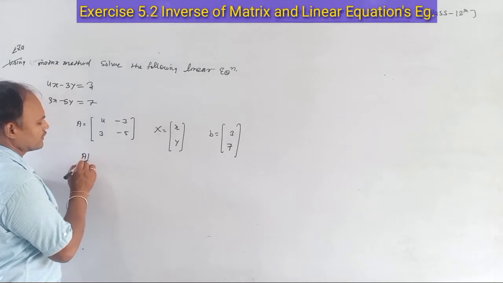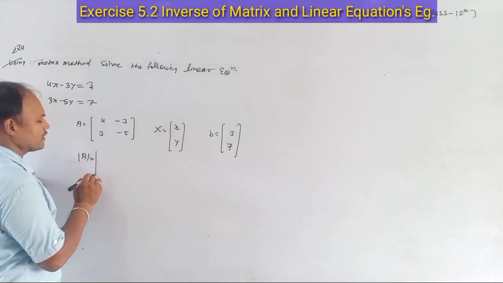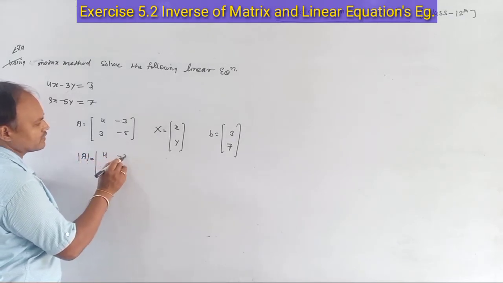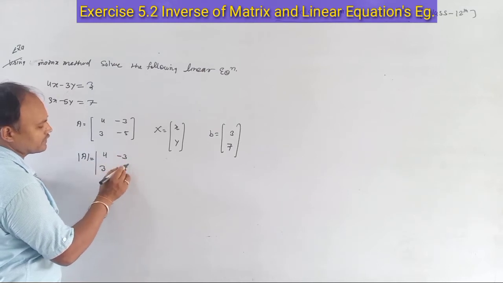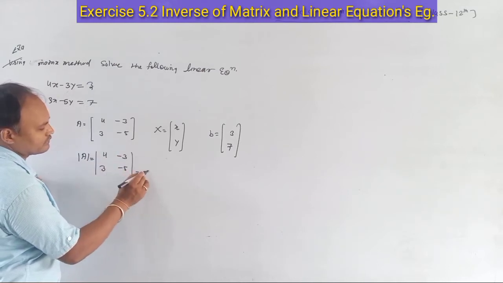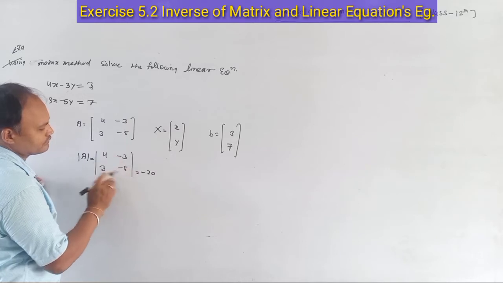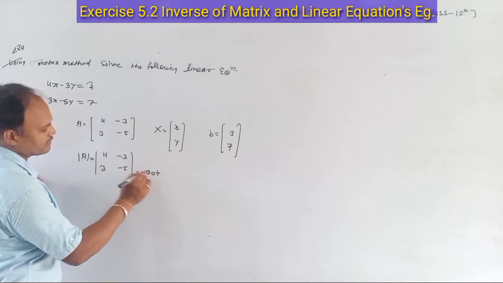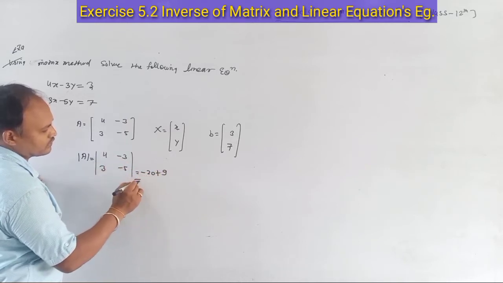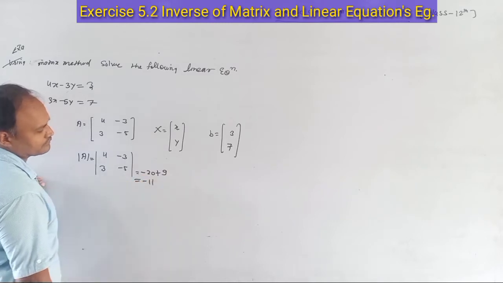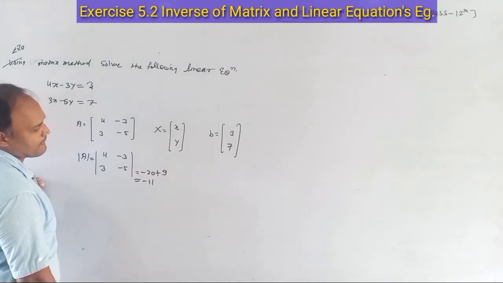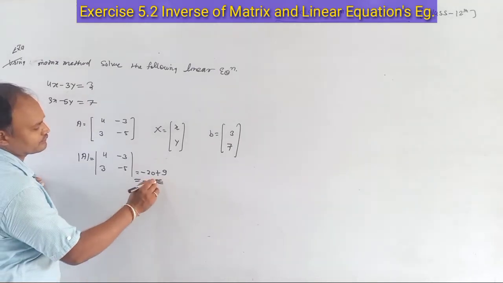Now we are going to find determinant of A. It is 4 times minus 5, so minus 20, minus minus 9, plus 9, so it is minus 11. Determinant of A is not 0.